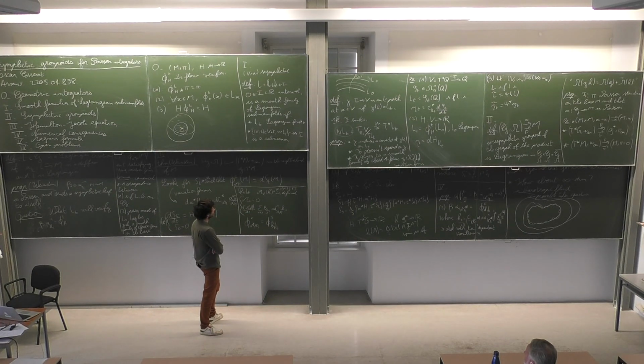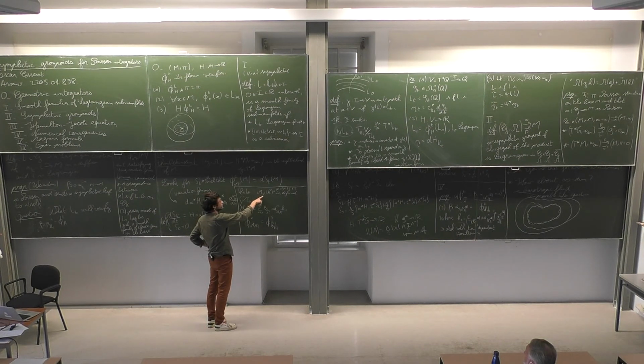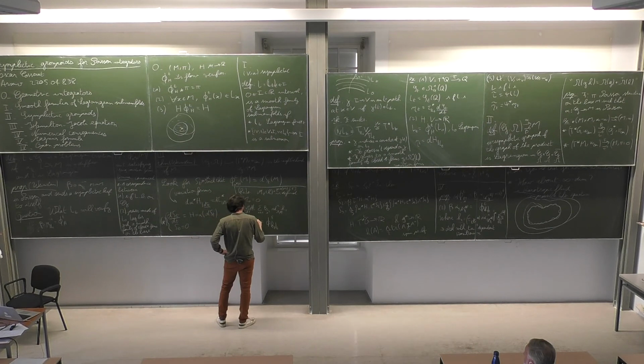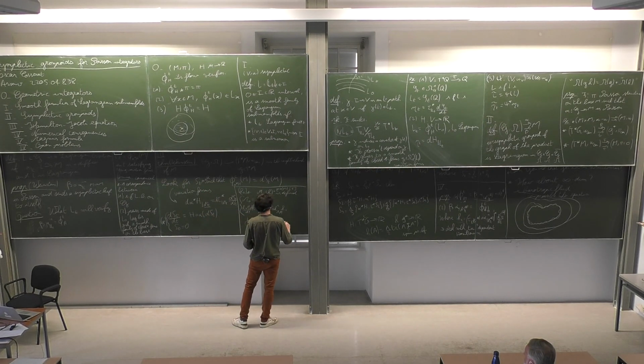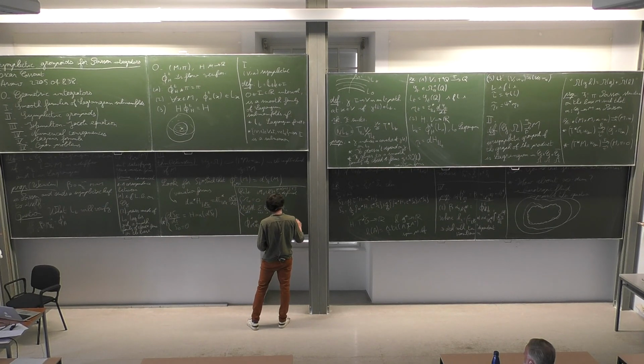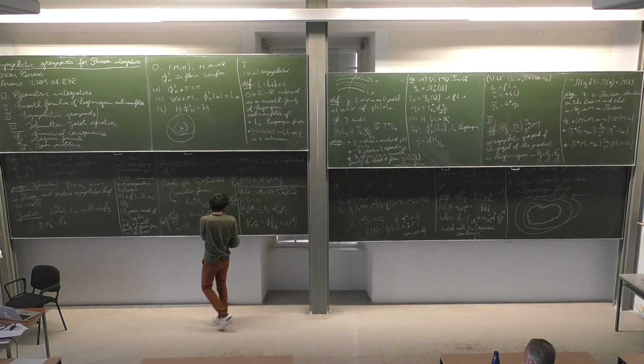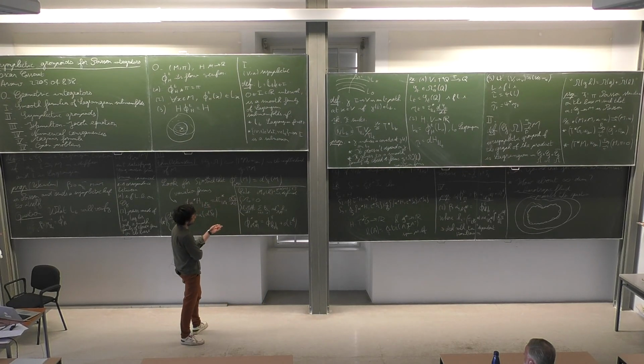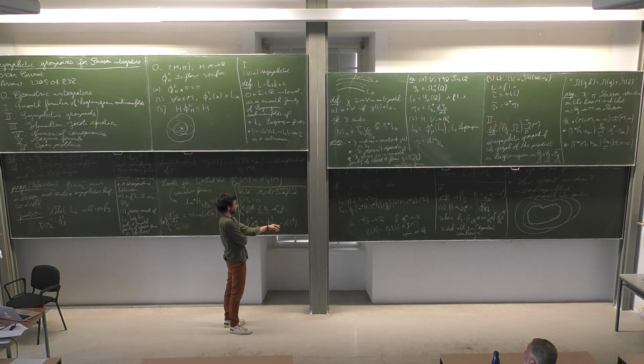And even better, if you truncate the Magnus series at order k, write it this way, then the flow of the truncated Magnus series will equal the flow of the non-autonomous Hamiltonian at order k.